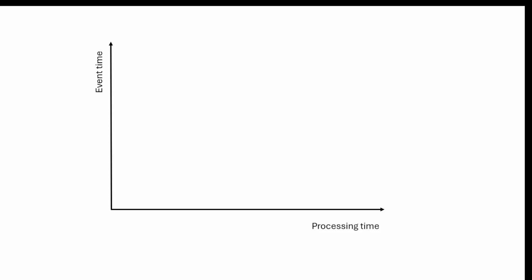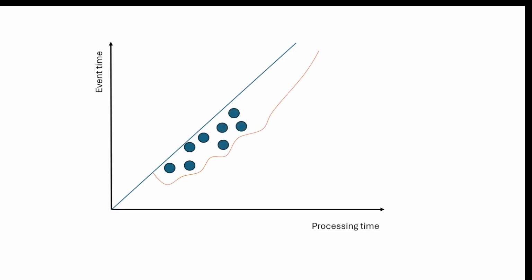And this watermarking requires state to be maintained. Let's say we have two dimensions: one is processing time, the other is event time. In normal cases, the event will be generated and processed as soon as it arrives in the window, arriving at the right time. But let's say some events are coming late. Here, we have some events which are coming after the event time has already crossed and processing time is slightly delayed.